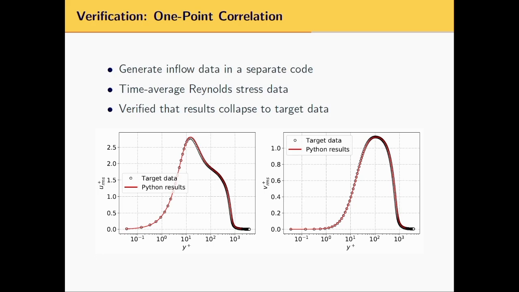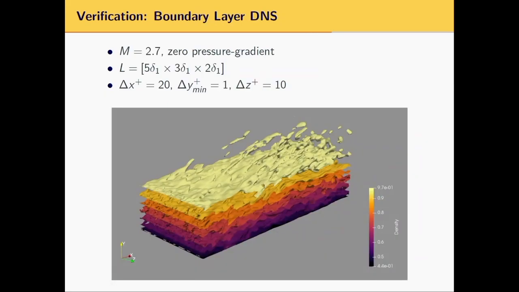What we find is that it collapses back to the target data that we scaled our fluctuations with, which is good news. That's exactly what we're looking for, and that suggests that the method is not losing any of the original mathematical proof of the original method.